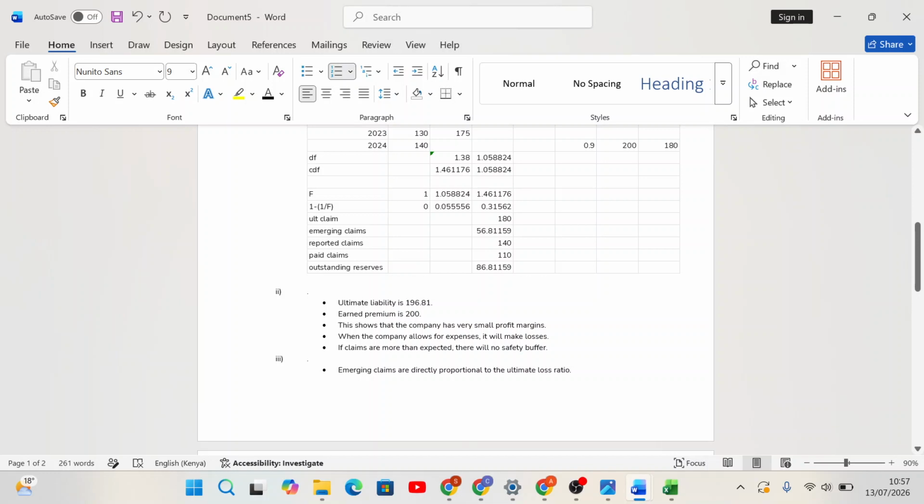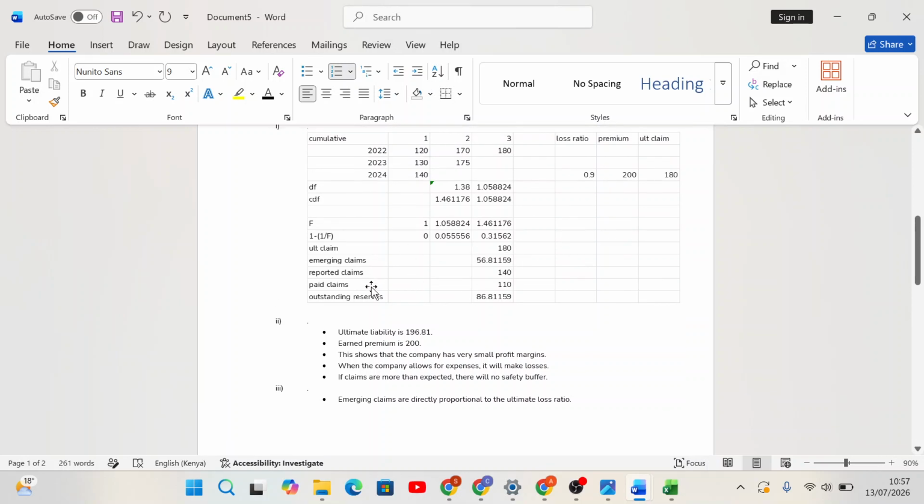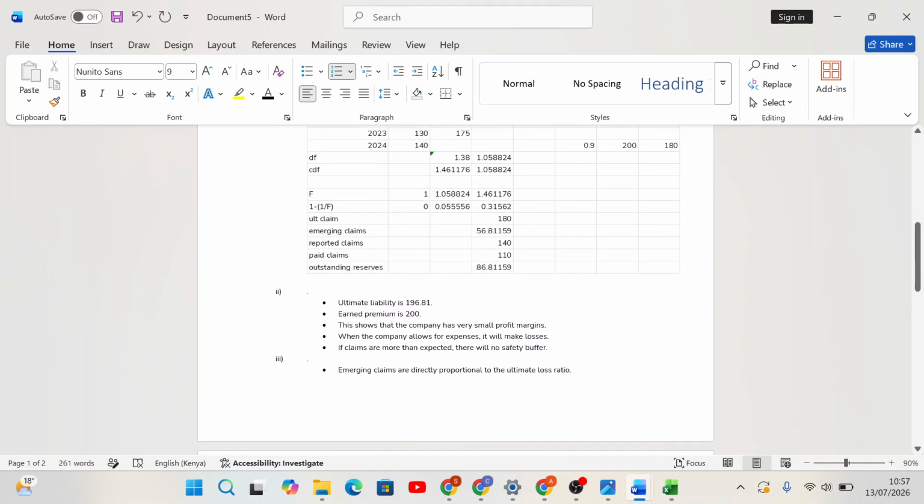So adding office expenses and other work-related expenses to these claims, it means that this premium is not enough to make profits for the company. And even if the ultimate claims become more than expected, then there will be no safety buffer for the insurer.